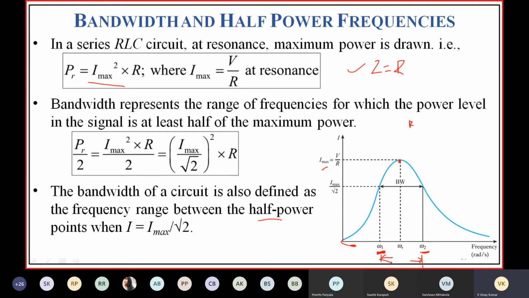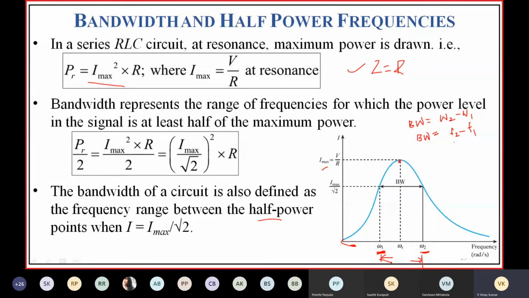Now the difference between these two frequencies is called bandwidth. Bandwidth is equal to omega 2 minus omega 1, or f2 minus f1 in terms of frequency. Bandwidth in radians per second is omega 2 minus omega 1, and bandwidth in Hz is f2 minus f1.